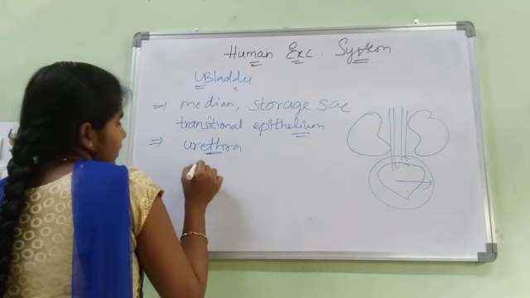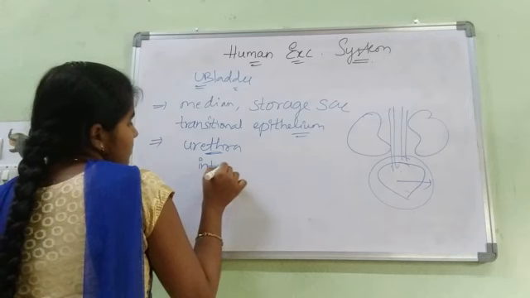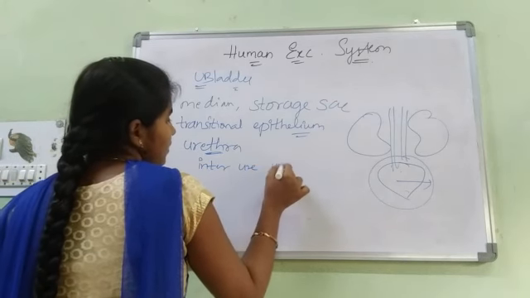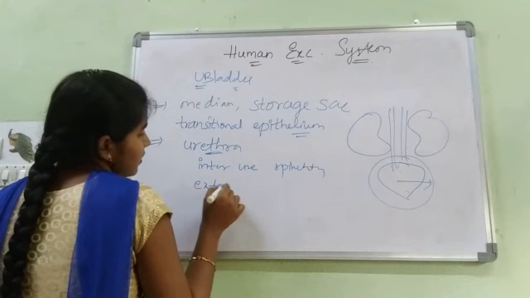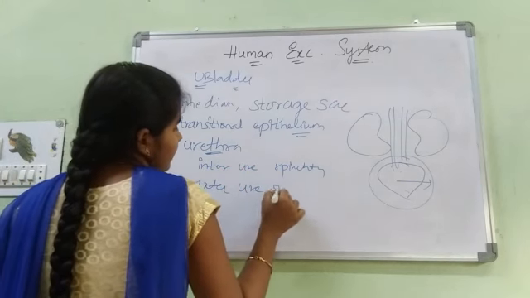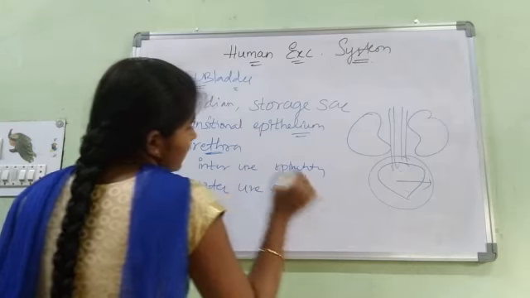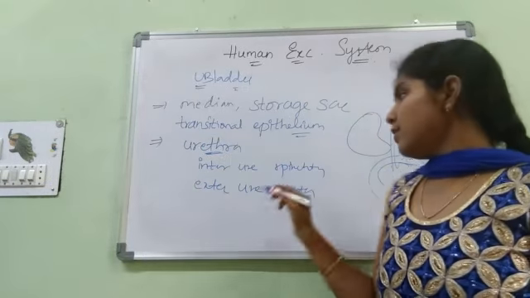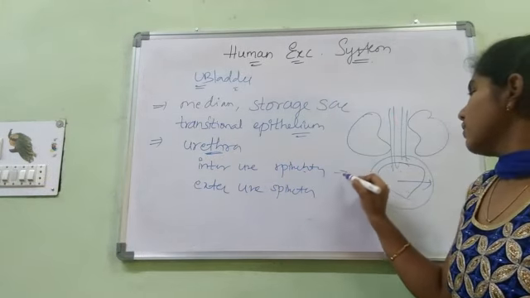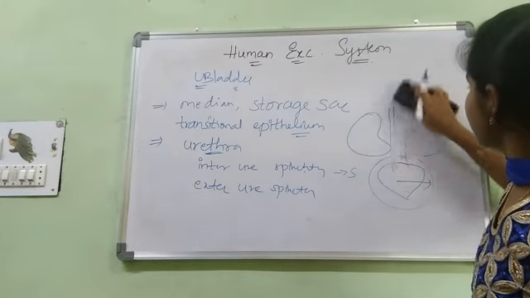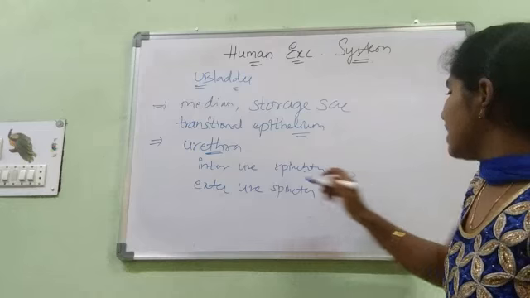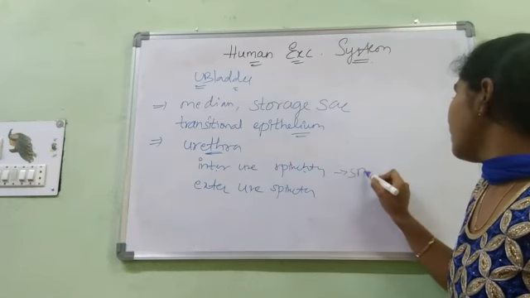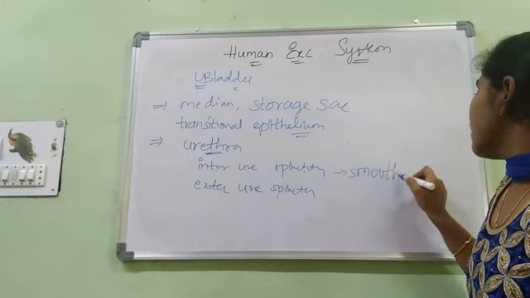This urethra is divided into the internal urethral sphincter and the external urethral sphincter. See, the internal urethral sphincter consists of smooth muscles. As it is inside, it is made up of smooth muscles.